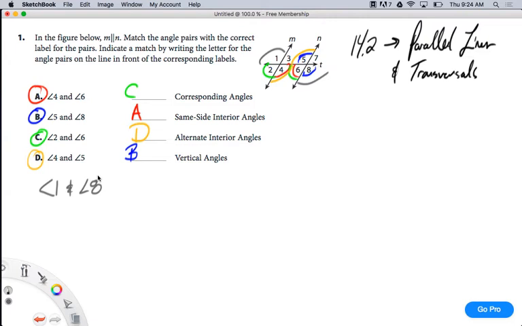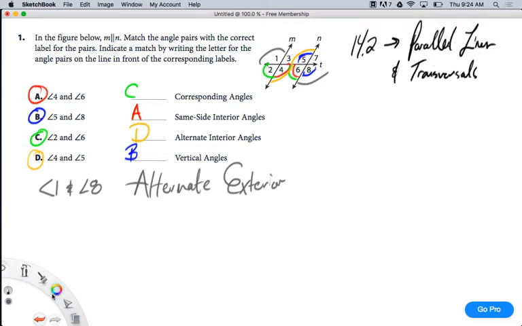They're on alternate sides and they're on the outside, so it would be alternate exterior angles. Alternate exterior. Cool? All right.